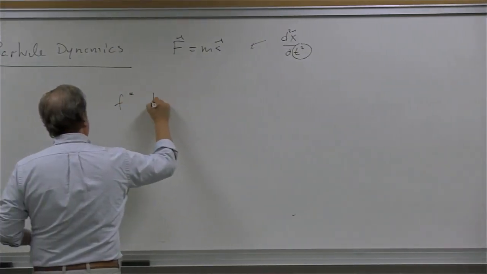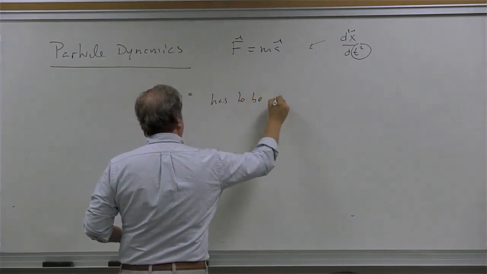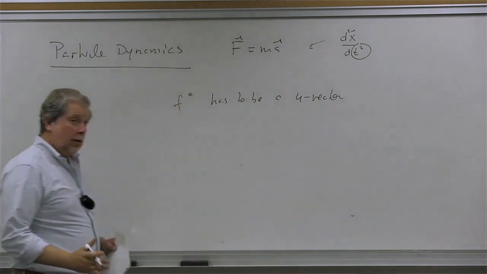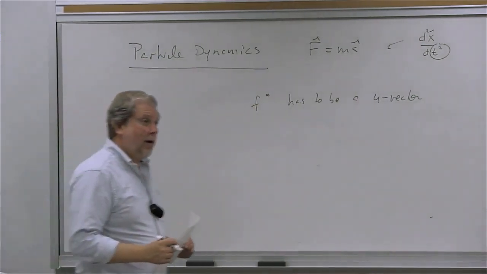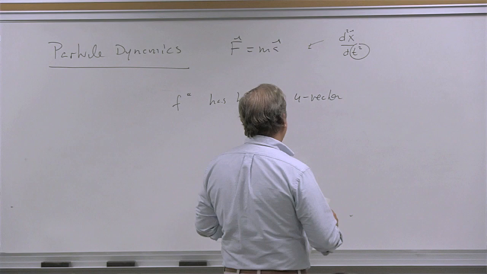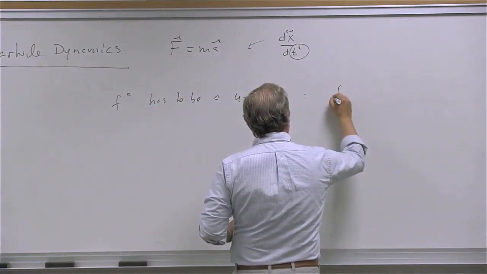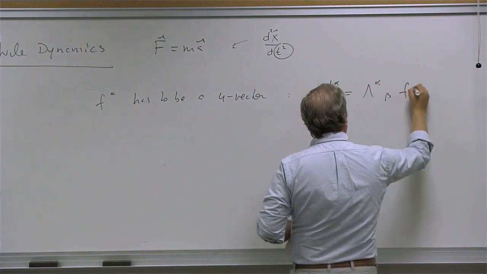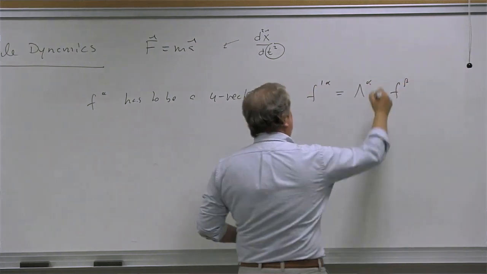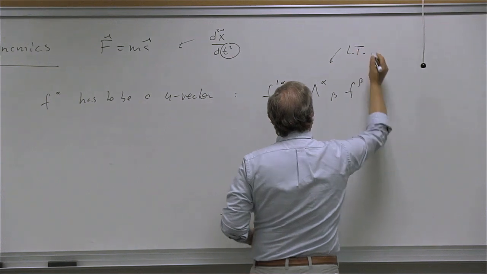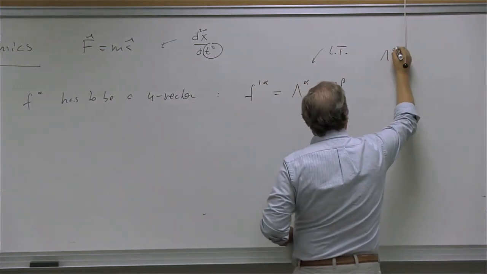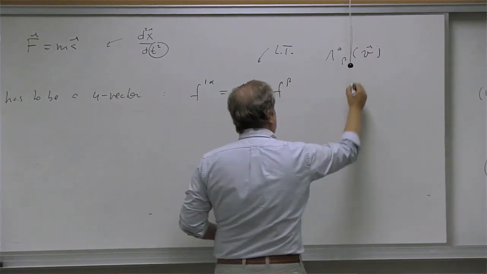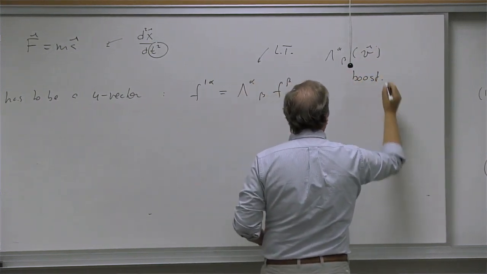So F alpha has to be a 4-vector, because if it's not a 4-vector, then the equation is not invariant. It depends on what frame you're looking at. If it is a 4-vector, then F prime alpha is equal to lambda alpha beta F beta, where this is a Lorentz transformation, where lambda alpha beta depends on some velocity v if we consider this to be a boost, which is all that we need here.